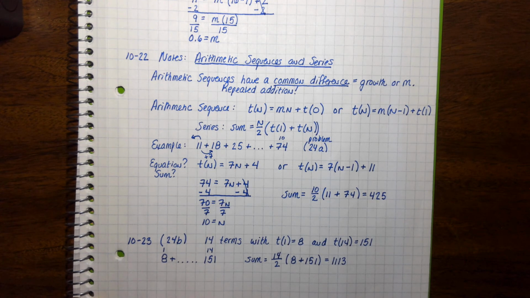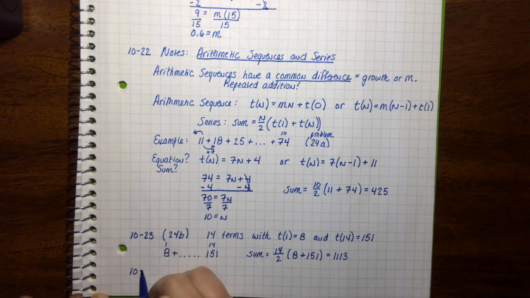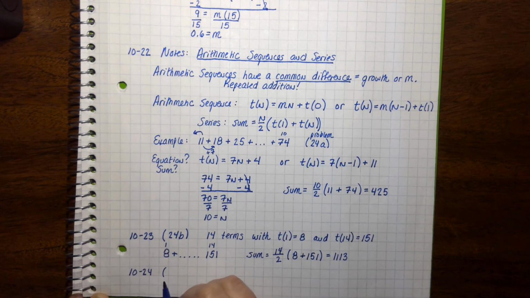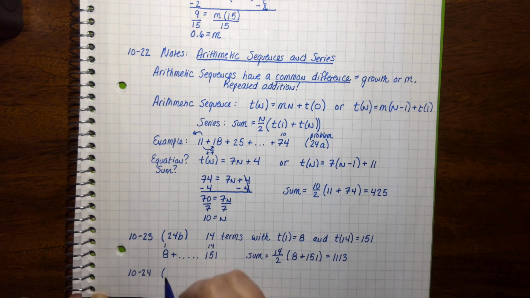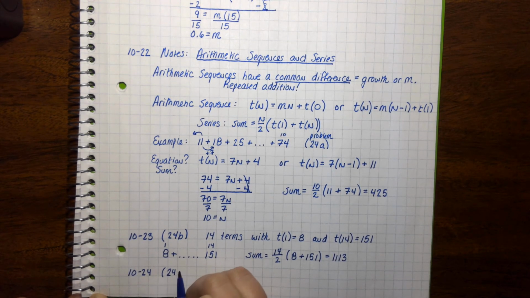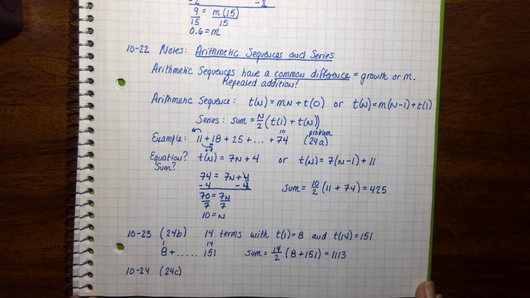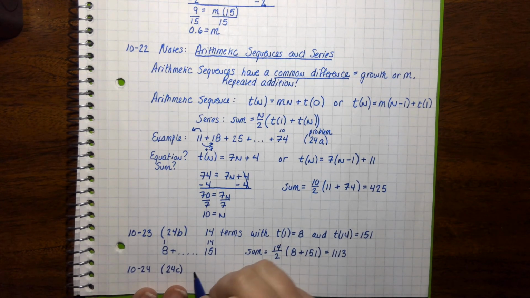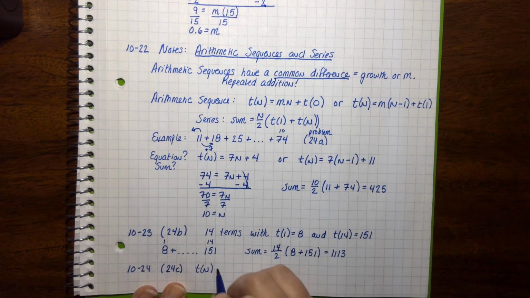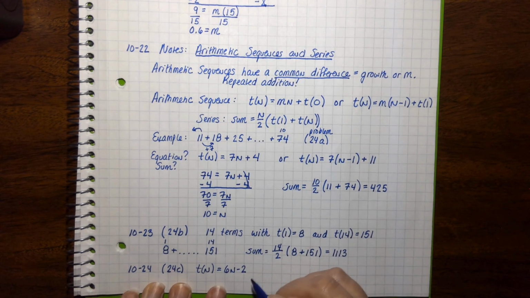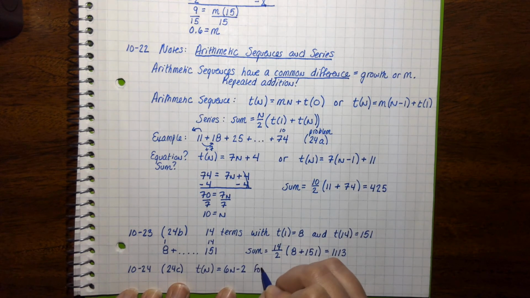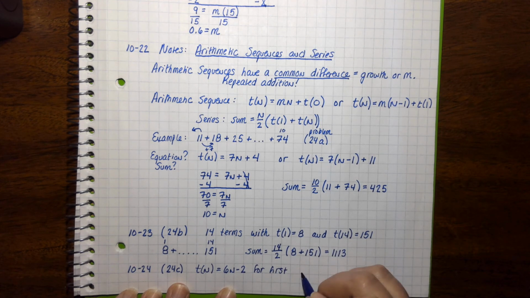Next is going to be problem 24C. I knew you guessed it. Okay, and this one says t of n equals 6n minus 2 for the first 25 terms.